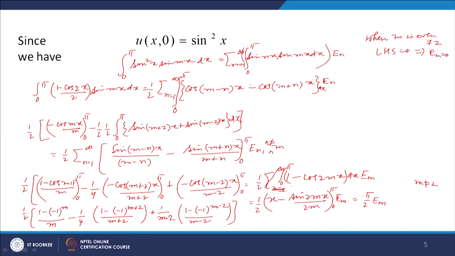When m is odd, we can get 1 by 2 into 1 minus minus 1, so we get 2 upon m. This will be 1 by 4, 2 upon m plus 2, so 2 by 4 into m plus 2. And here we will get 2 upon m minus 2.